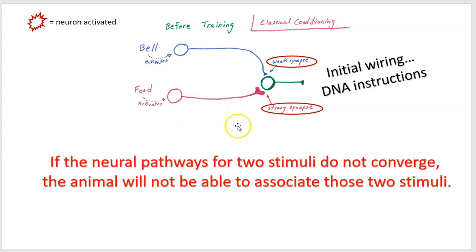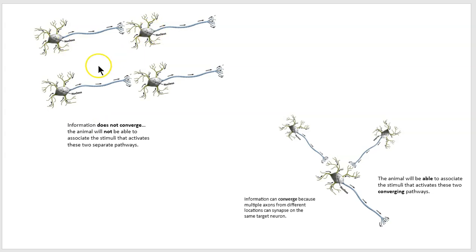Now, you'll recall we said the initial convergence here was just the DNA instructions in that animal, and the fact that this synapse is weak and that one's strong is also related to the DNA instructions. But if the neural pathways for the two stimuli did not even converge, then the animal would not be able to associate those stimuli. That would be a situation like this up here. If this were the bell pathway and this down here were the food pathway, but they never converged on a common target, you wouldn't be able to associate a bell with food, right?